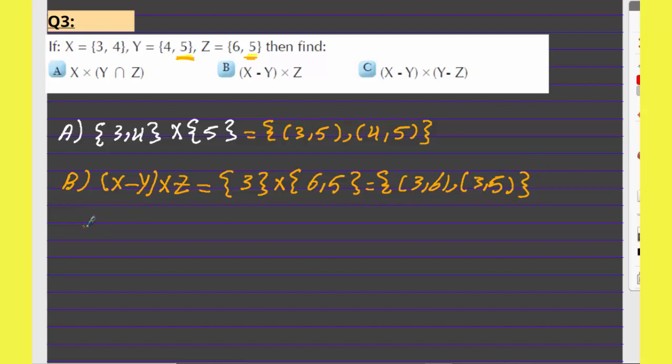Okay, now C. X difference y cross y difference z. We write x difference y first. What is the element of x difference y?